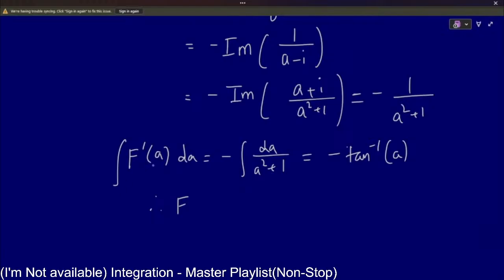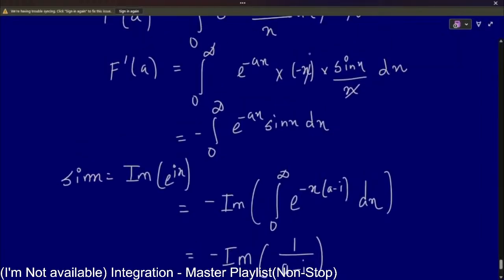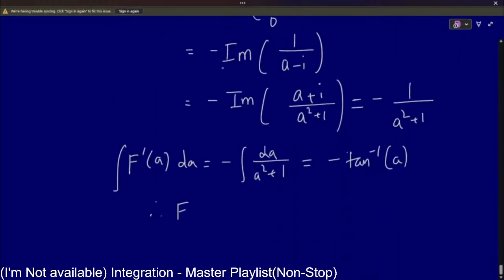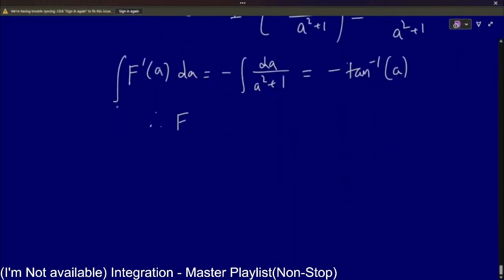So the limits we want to apply here are something like this. We know that f(0) is our required integral, right? Because f(0) gives you sin x upon x. And if you do f of infinity, or a tends to infinity, that gives you 0 because the first term here becomes 0. Okay, so we can do the limits like this, infinity to 0. Similarly here, infinity to 0.